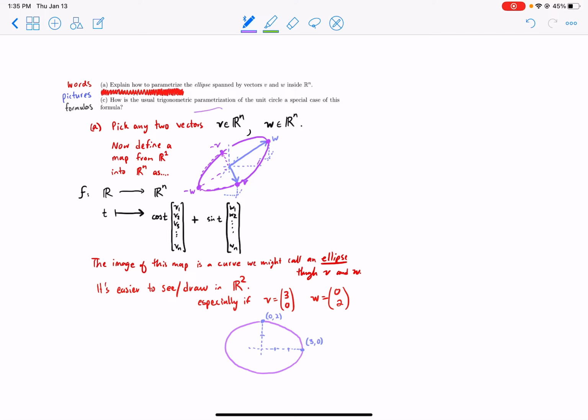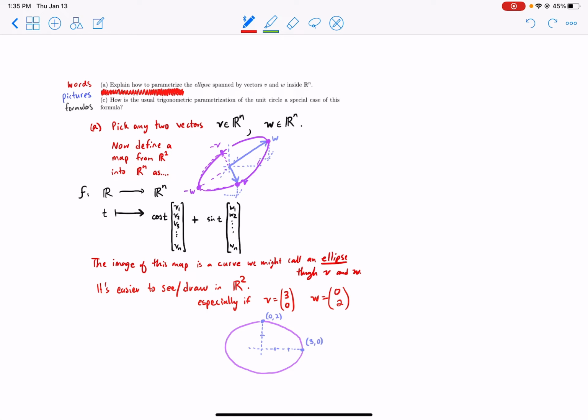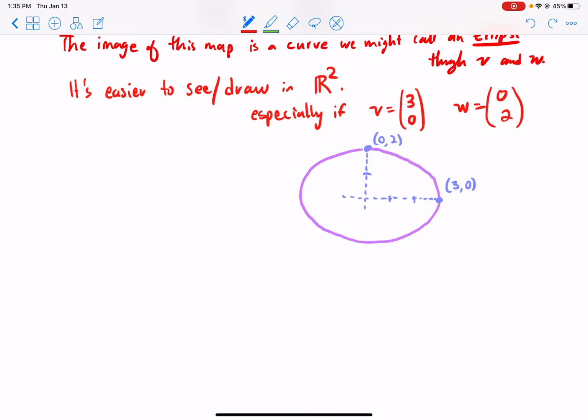How is the usual trig parametrization of the unit circle a special case of this formula? So first of all, you have to know what the unit circle is, and you have to already know what I mean by a trigonometric parametrization. When you think unit circle, think theta goes to (cos theta, sine theta).